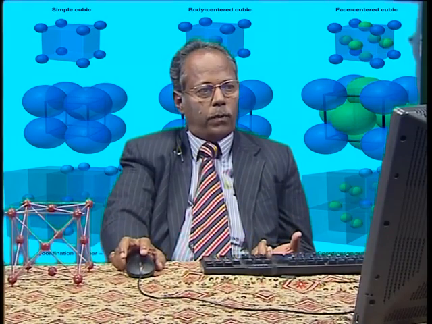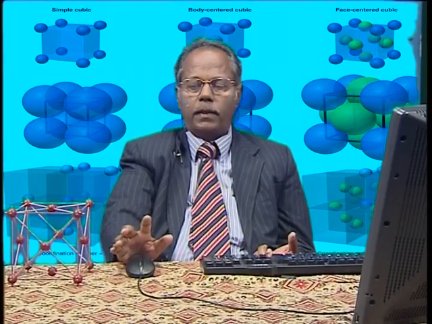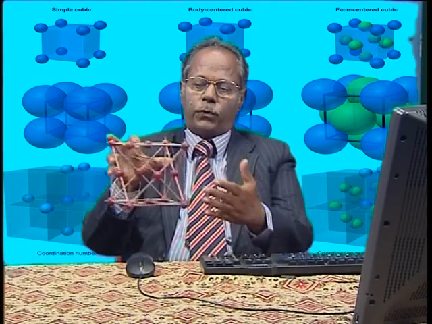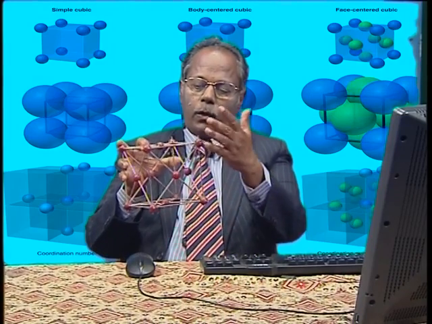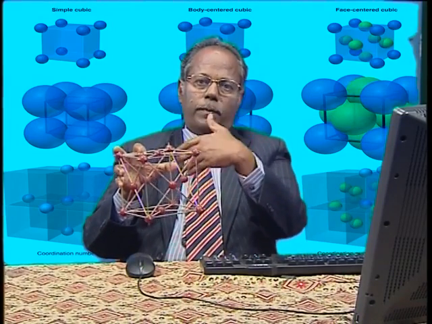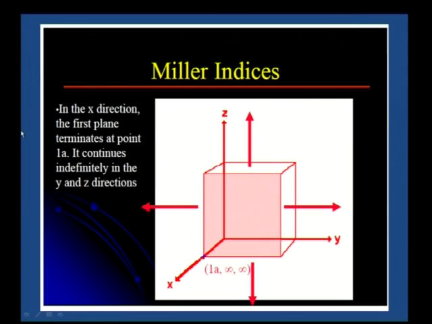Miller gave what are named after him the so-called Miller indices. The Miller indices refer to a crystalline plane. How will you designate a crystalline plane or differentiate one plane from the other? Now, for instance, you take this plane shown by the colored face, a plane like this which cuts at unit length along the x direction, the vector a, at 1 times a in the x direction.